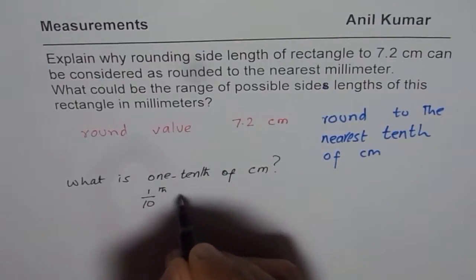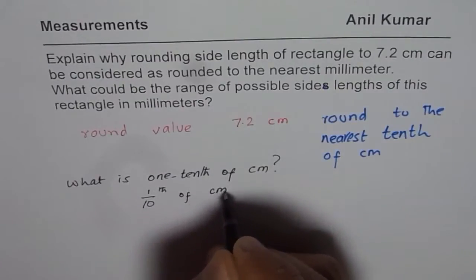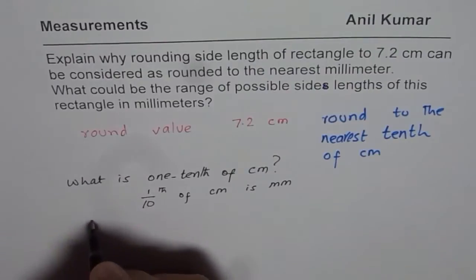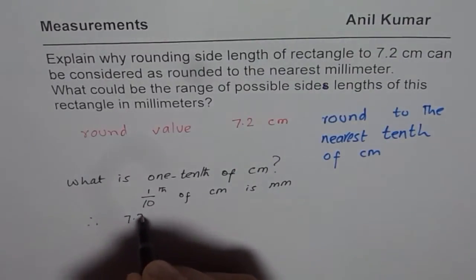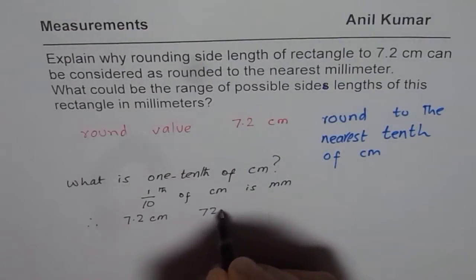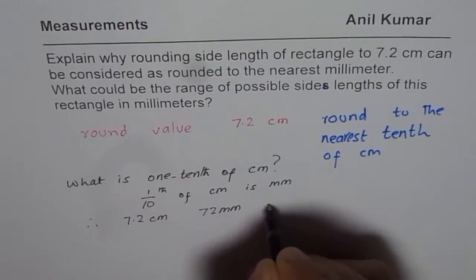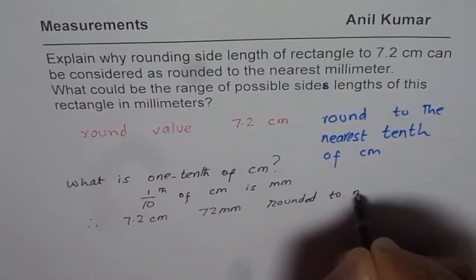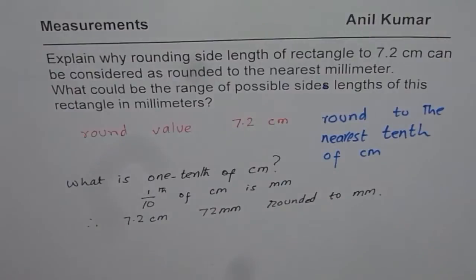Therefore, we can say that 7.2 centimeters is like 72 millimeters. Do you see that? So we have rounded to the millimeter. You get the idea, right? That is how you could communicate and explain this particular answer.